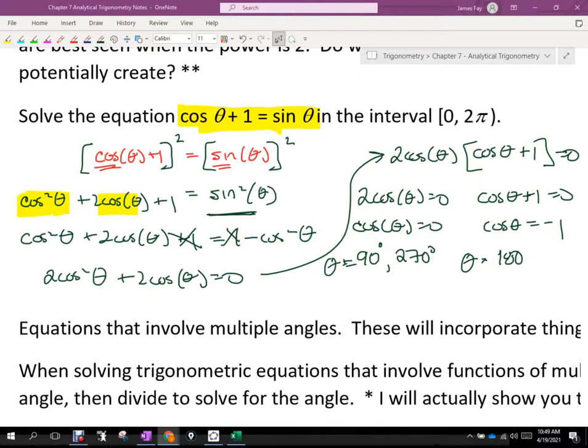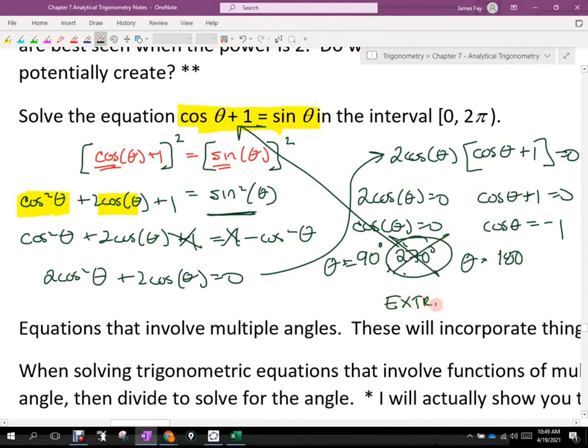It's wrong. 270 does not satisfy this original equation. So 270 is an extraneous solution, okay, which is an algebraic concept from college algebra, right? We have an extraneous solution.